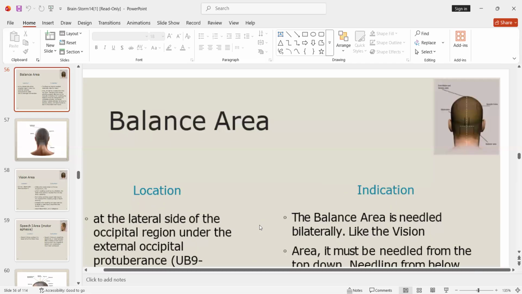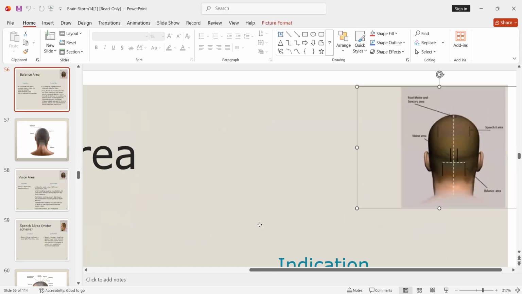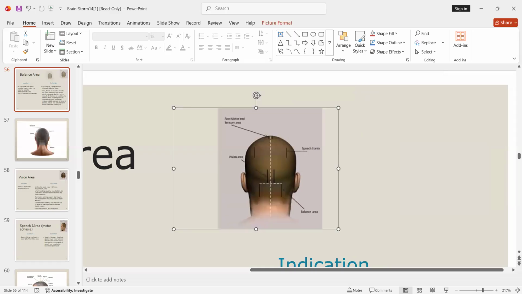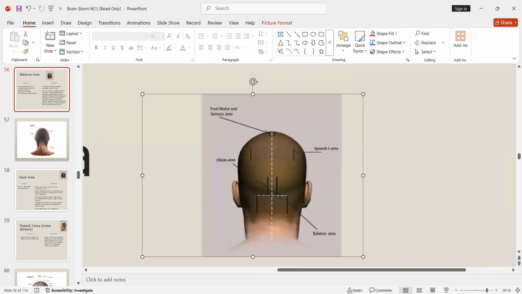Dr. Nita, adjust the picture to big size. In this picture, you can see there are lines from the occipital protuberance and 1 centimeter lateral to the mid sagittal line.